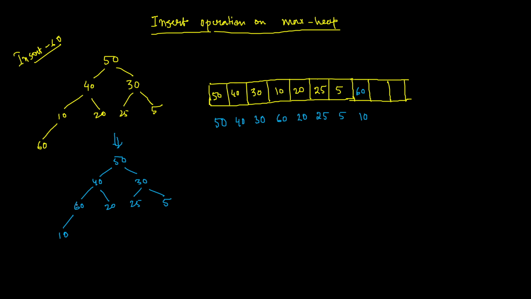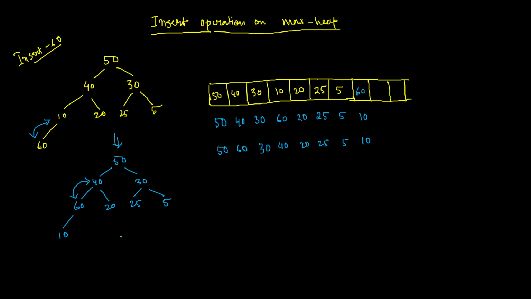So just like we had a swap with respect to these two data, we will have another swap between these two data, and ultimately in the array it will be something like 50, then instead of 40, 60 will come, and then 30 remains in its place, and here 40 will come, and then 20, 25, 5 and 10.